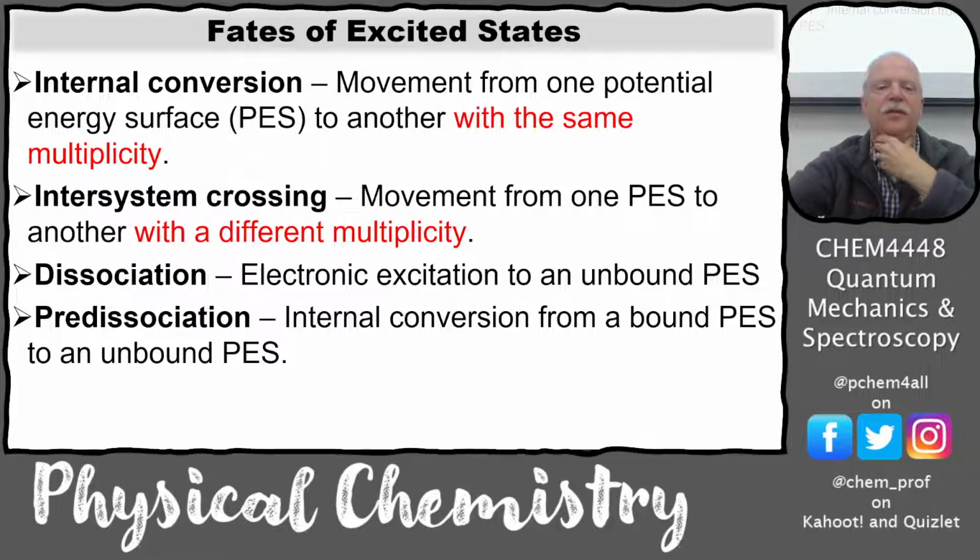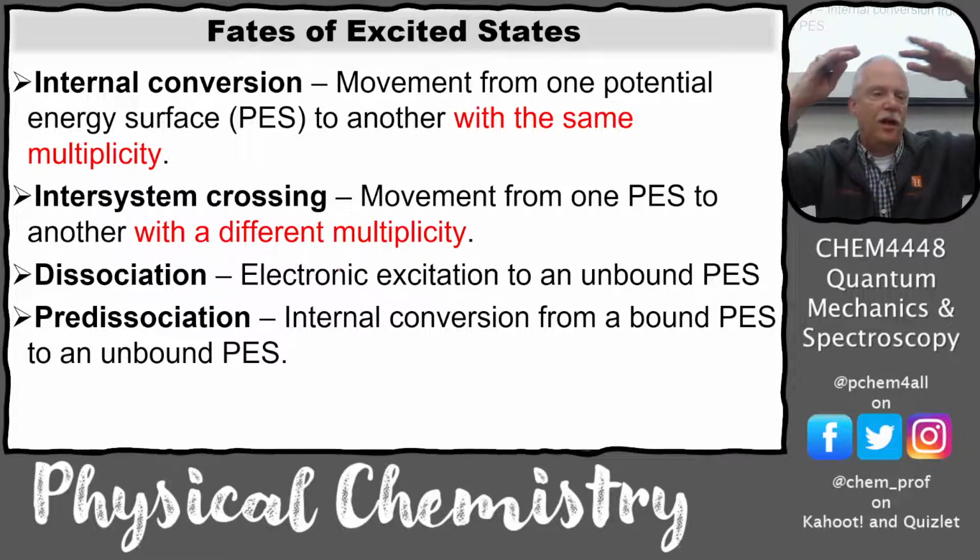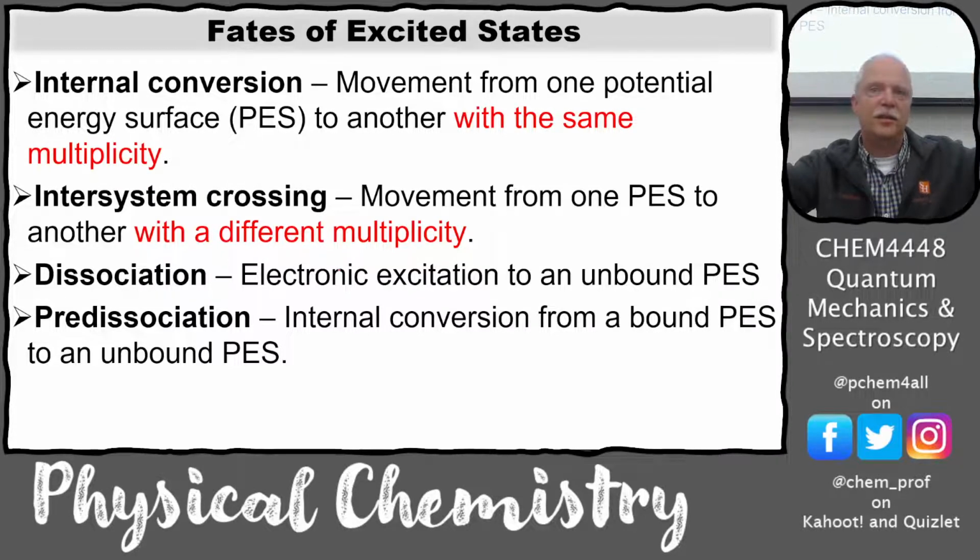So do you understand the difference between dissociation and predissociation? So dissociation, you're jumping up with an electronic excitation. So light comes in, sends the electron cloud to a particular potential energy surface, where now that electron cloud will not hold on to an atom. If it's diatomic, it'll break just the single bond. But if it's a polyatomic molecule, maybe that electron cloud just breaks the molecule in half.